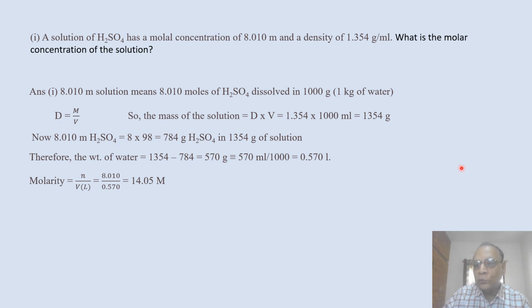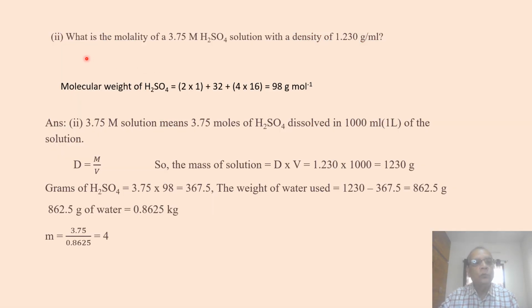We now go to see another numerical. What is the molality of a 3.75 M H2SO4 solution with a density of 1.230 gram per ml or per centimeter cube?